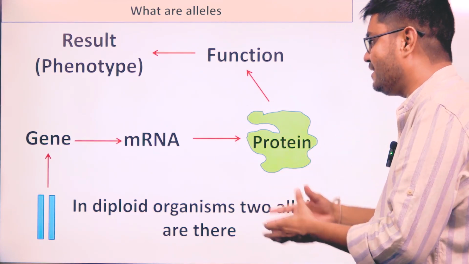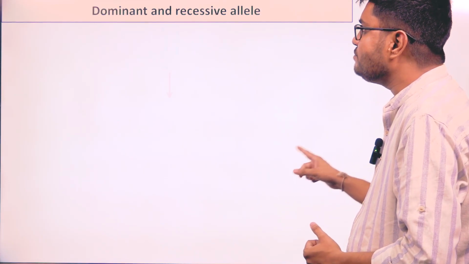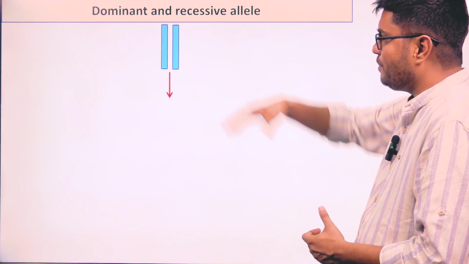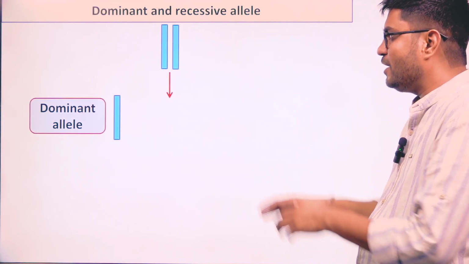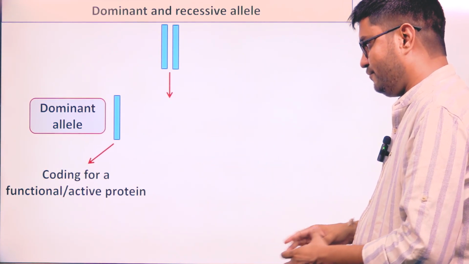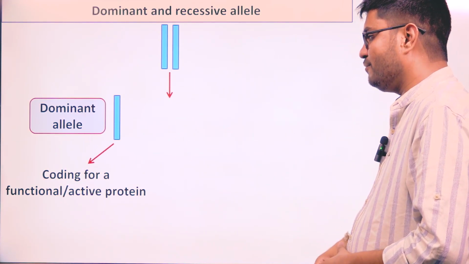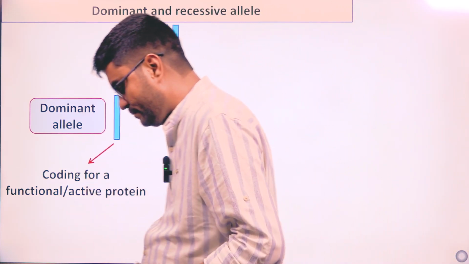So in your life, if you find a hero, then it is easy to understand all the things. So in genetics, our hero is going to be what? Protein. Now, imagine there are two copies of a gene, two alleles, and we are going to call them a dominant allele if they are coding for a functional or an active protein.